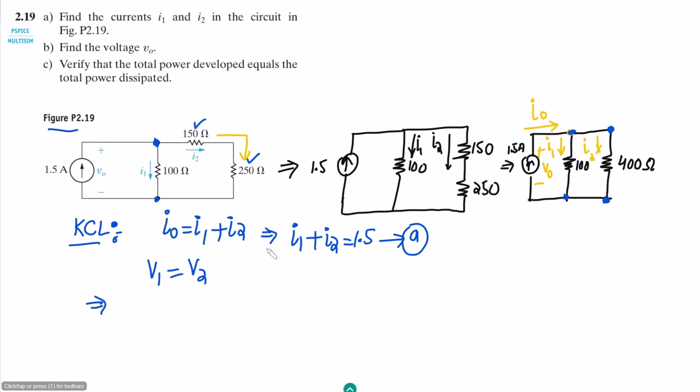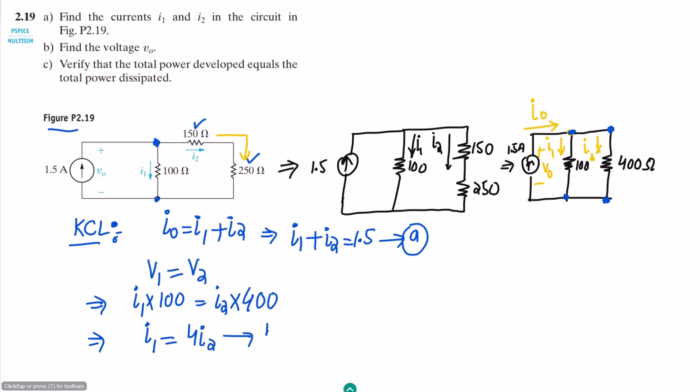The value of V1 will be I1 into 100 ohm, which is this resistor, and V2 is I2 into 400.